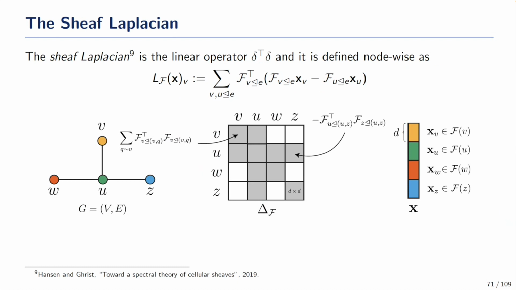Okay, so now that we have this coboundary operator, we can define a Laplacian operator. If you look at this coboundary as some sort of gradient, or covariant derivative, you get the continuous definition of the Laplacian as divergence of the gradient. So this is something like that, but generalized to these sheaves.